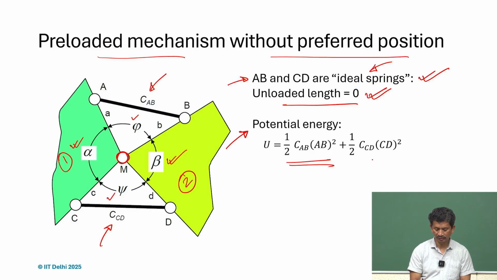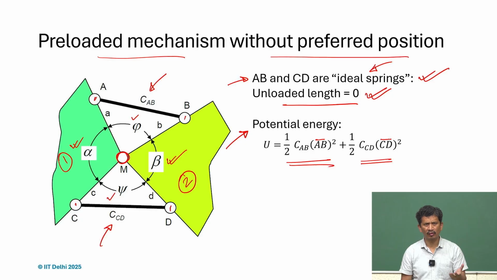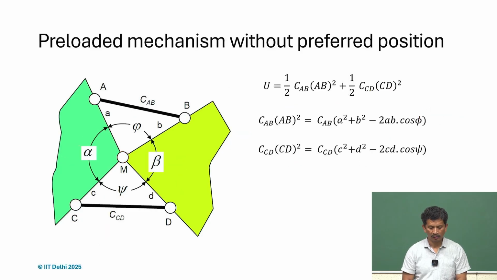Similarly for CD, it is half CCD times the length CD square, because that is the total deflection. The potential energy of any spring is given by half K delta square. But since it's an ideal spring, whatever the length is, that is the total deflection. So that's why we can simply put AB and CD there. So this is the potential energy.